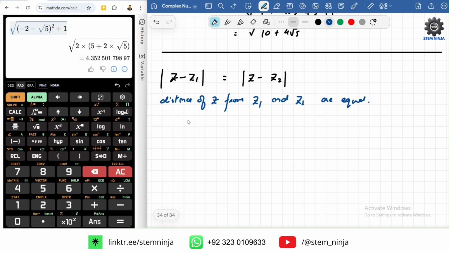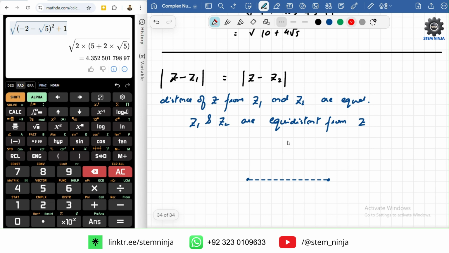In short, z1 and z2 are equidistant from z.